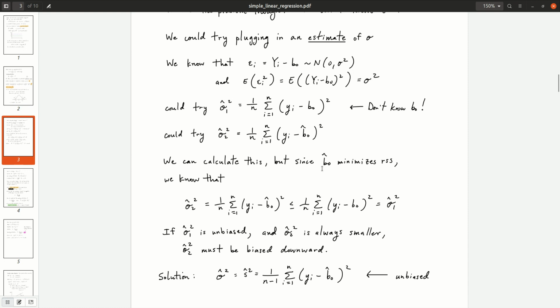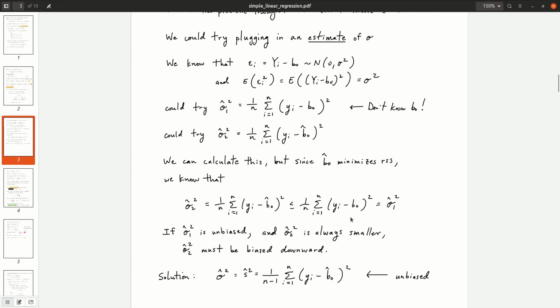Since B0 hat minimizes the residual sum of squares, B0 hat is the value that you would plug in here that minimizes this thing. We know that sigma hat 2 squared, which is this estimate, is less than or equal to 1 over n times the residual sum of squares with any other value plugged in here.